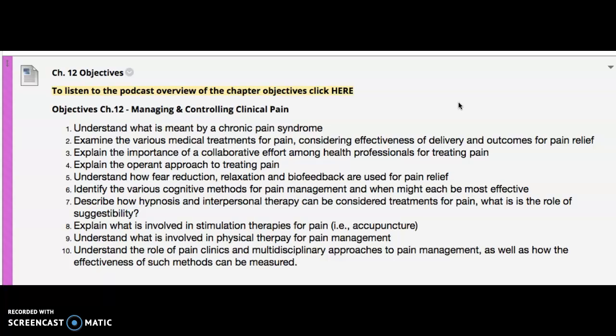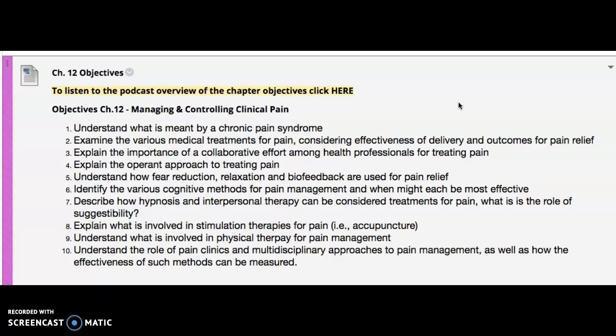We'll also look at fear reduction, relaxation, and biofeedback as tactics for pain relief, as well as cognitive methods for pain management. So this really deals with how people think about their pain, and how we think about pain can trigger then how we respond to pain, the behavioral aspect of pain management.